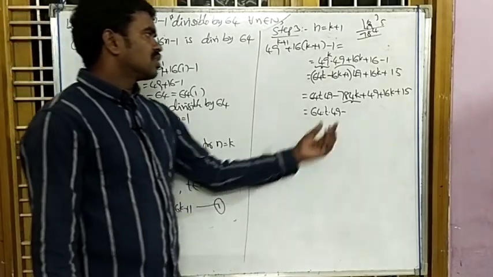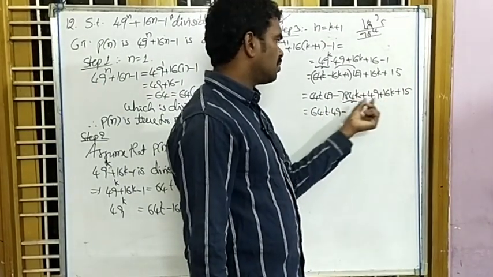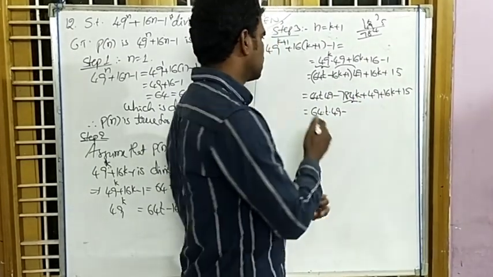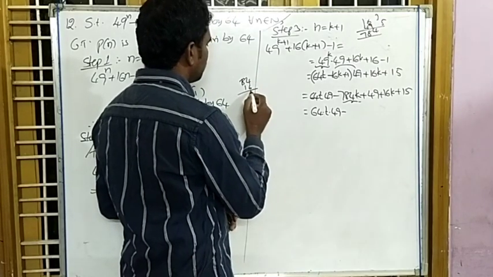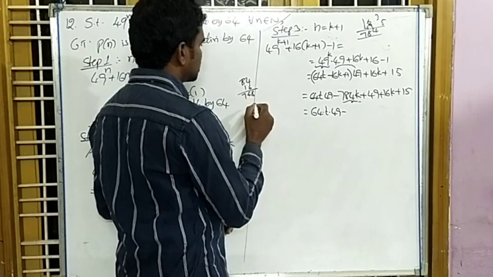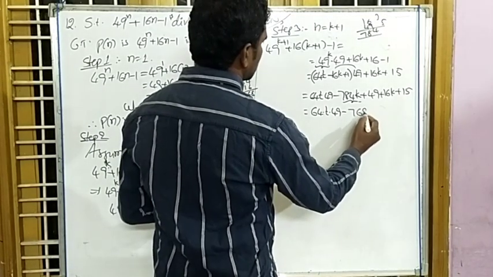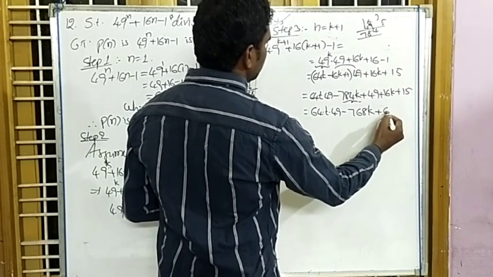So one is negative and one is positive, both are k terms. So subtract 16k from 784k and take minus. We get 784 - 16 = 768. Am I right? 768k, and plus 49 plus 15 is 64.